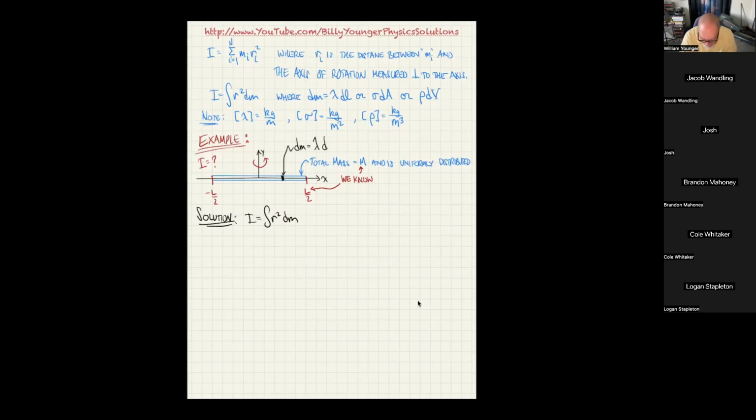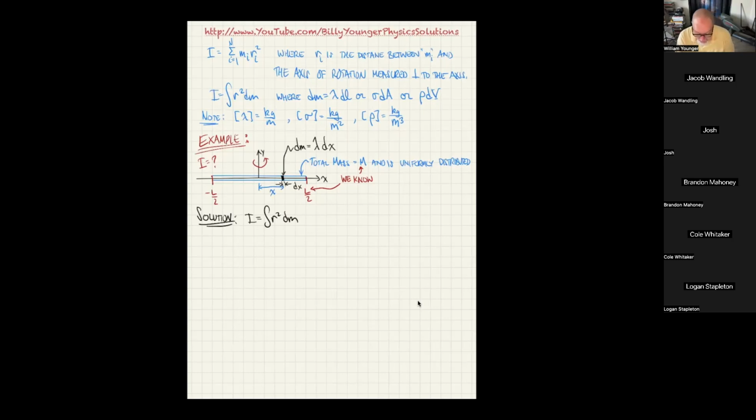I'm just going to use dx because I'm actually measuring it along the x-axis. Not only that, I'm going to say that this dimension right here is dx, and I think you can also see that this dimension from here to here is actual x, and that is perpendicular to the axis. So that's actually what my r will be.